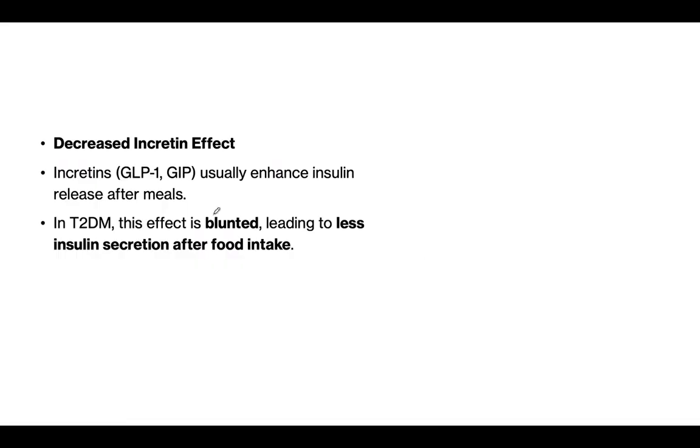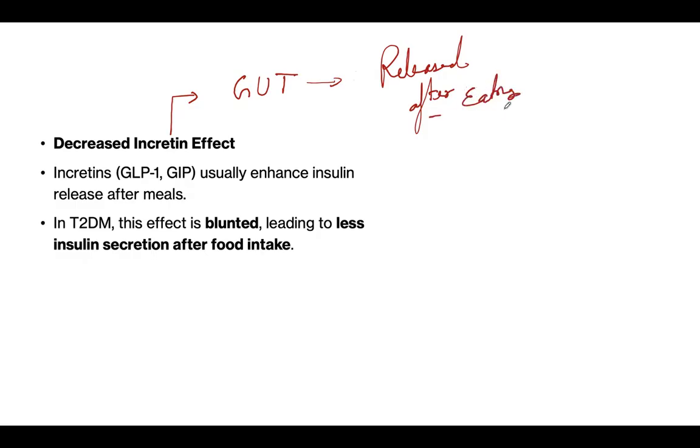Now, decreased incretin effect. What is incretin actually? Incretin is a gut-derived hormone, a hormone present in the gastrointestinal tract, and this gut hormone is released after eating. What is the function of the incretin hormone?